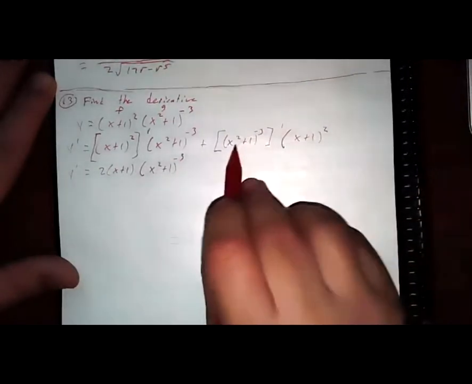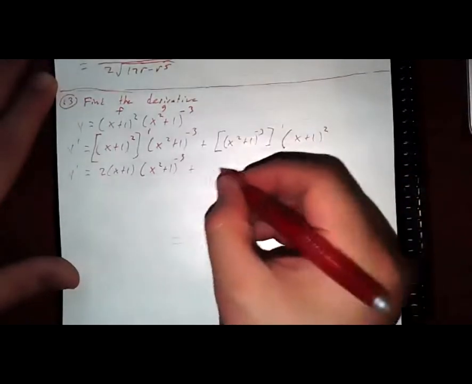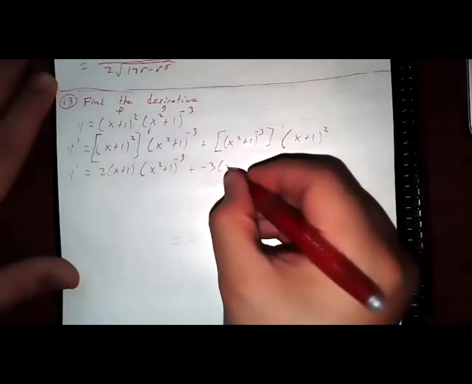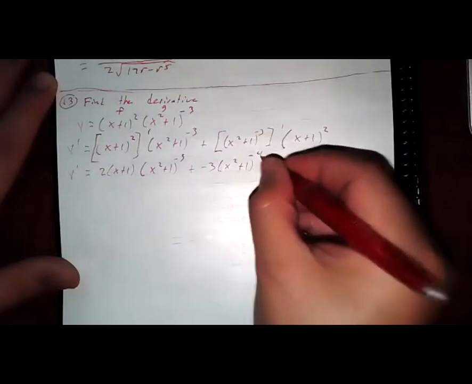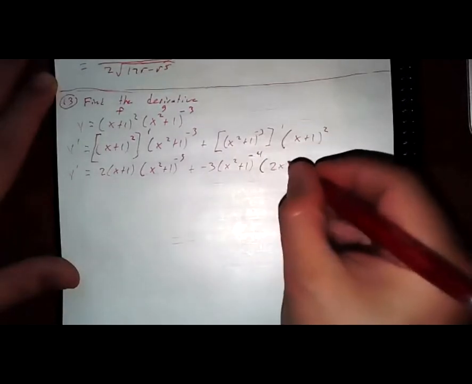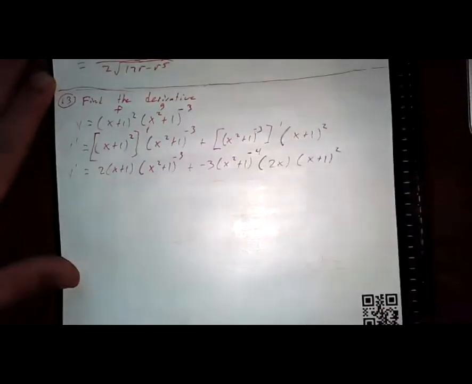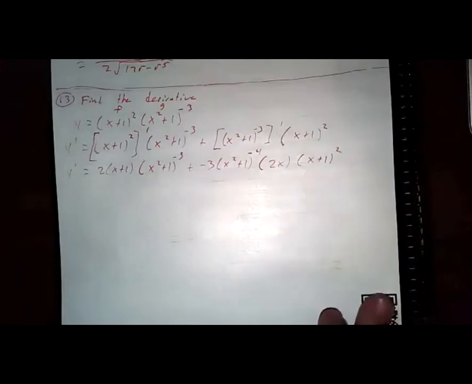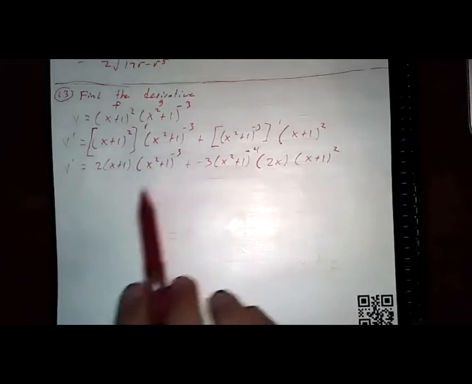Over here, this inside is x squared, so it's not going to be just a 1. So you bring down the -3, subtract 1, so it becomes a -4, times the derivative of the inside, which would become a 2x. And this piece is just chilling here. Okay, so we got 2 negative powers, so we have to take those to the bottom, right?